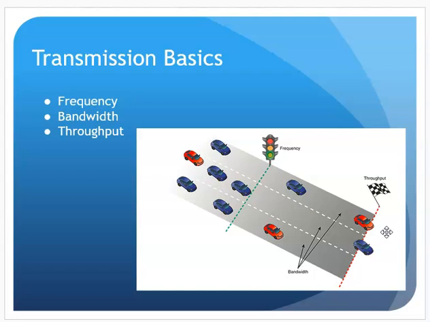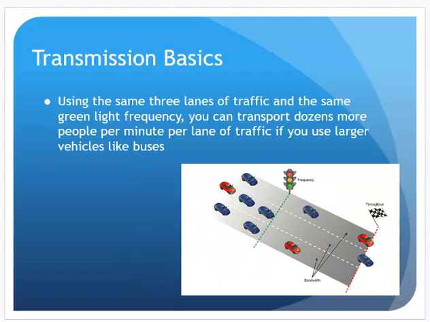They also remind us in the fine print that with the same 3 lanes of traffic and the same green light frequency, you can transport dozens more people by using a larger vehicle like a bus or a series of buses.